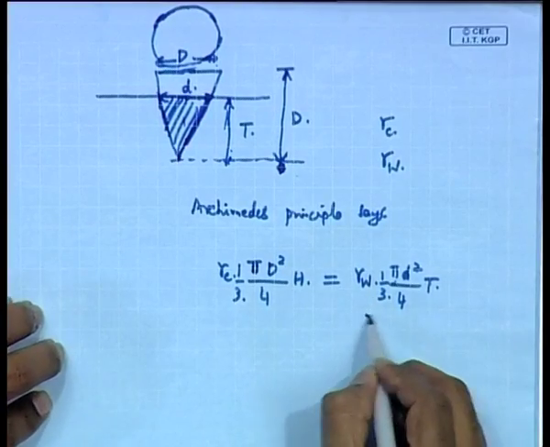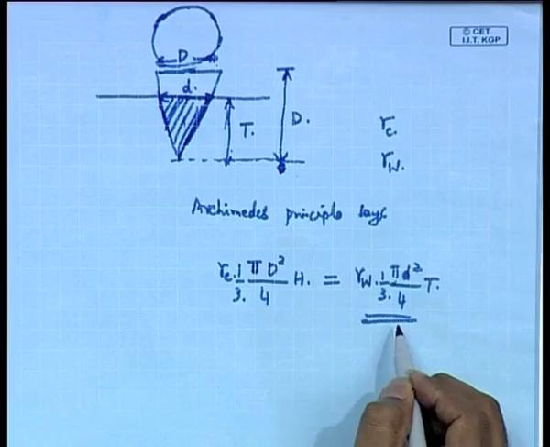When you take the weight of the cone, you take the whole volume, and when you take the weight of liquid displaced, you take only the volume that is submerged. So this gives you gamma w into, this is the first principle.